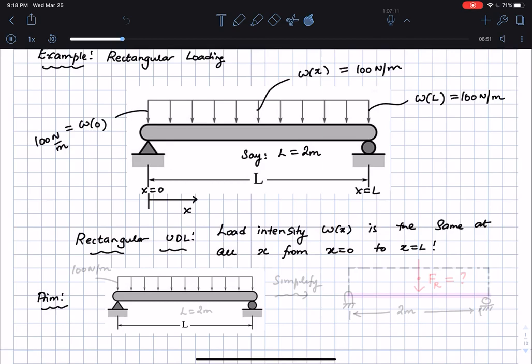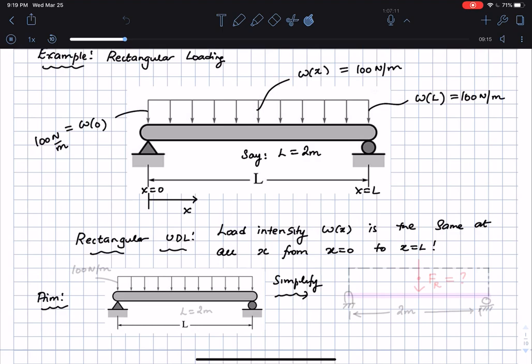Let's reduce the size of this. I want to take this and reduce it to the following situation, and this is a simply supported beam. As you can see, it has a pin on one end and a roller on the other end.